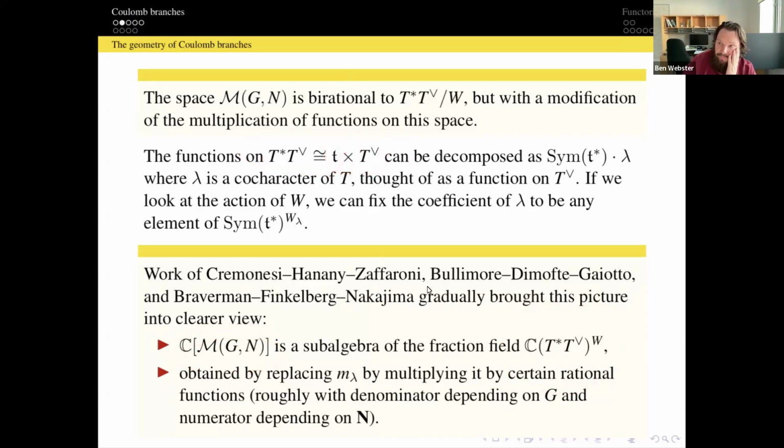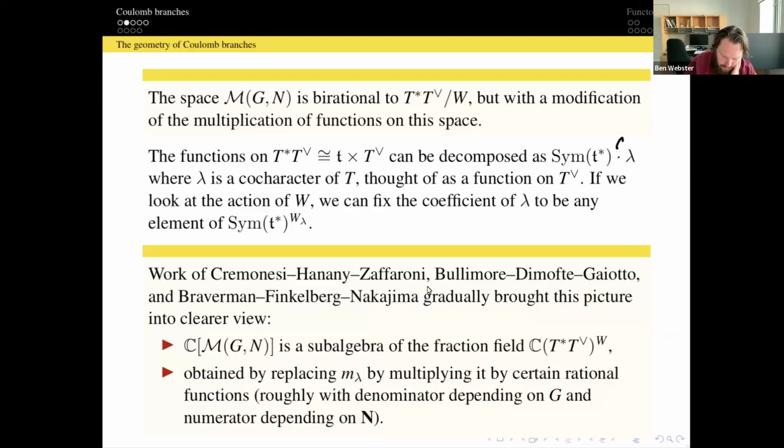So the functions I get are polynomials in t dual and cocharacters of my original torus, which are functions on T check. And this M lambda here, I was using to denote the function given by a cocharacter thought of as a function on the Langlands dual torus.